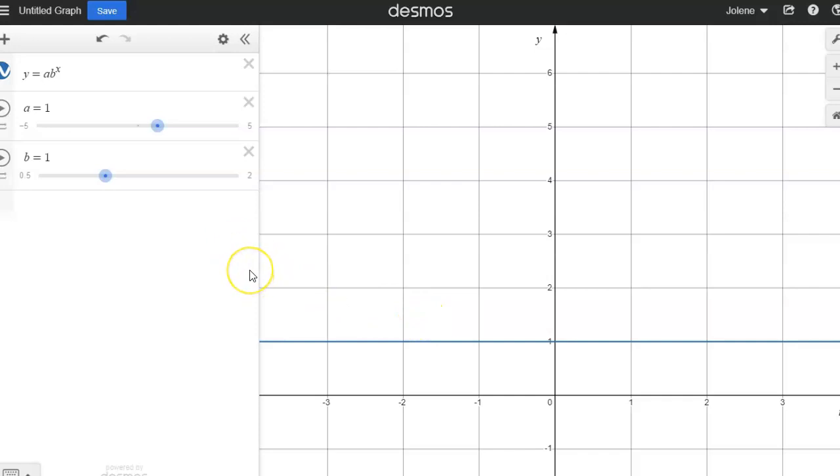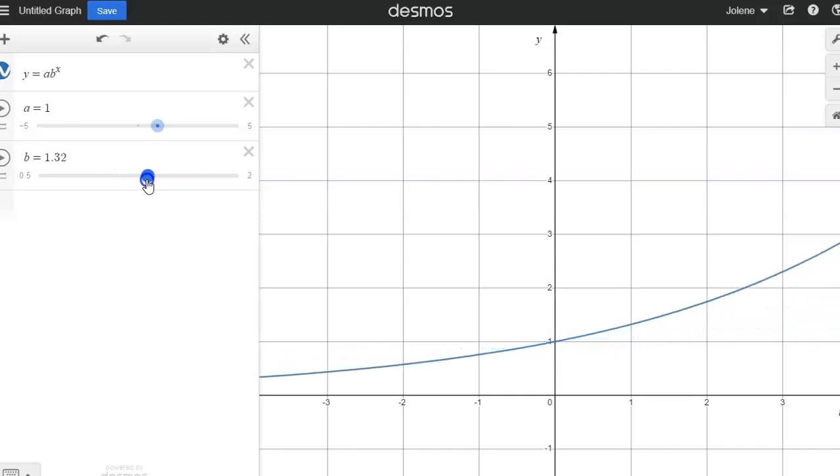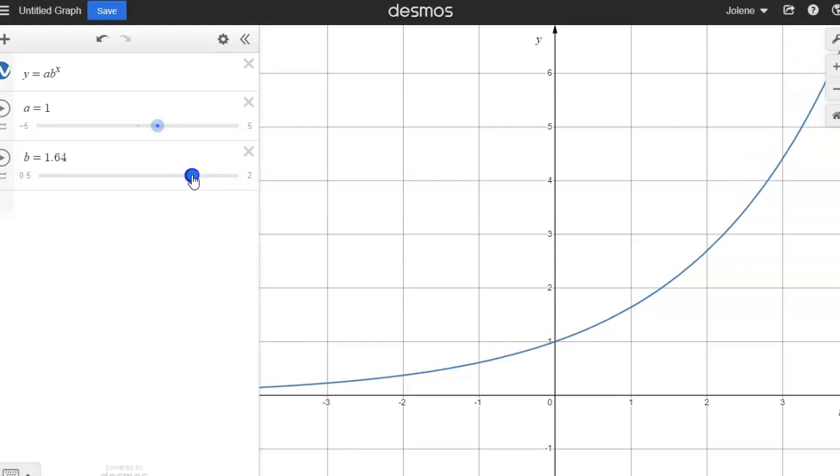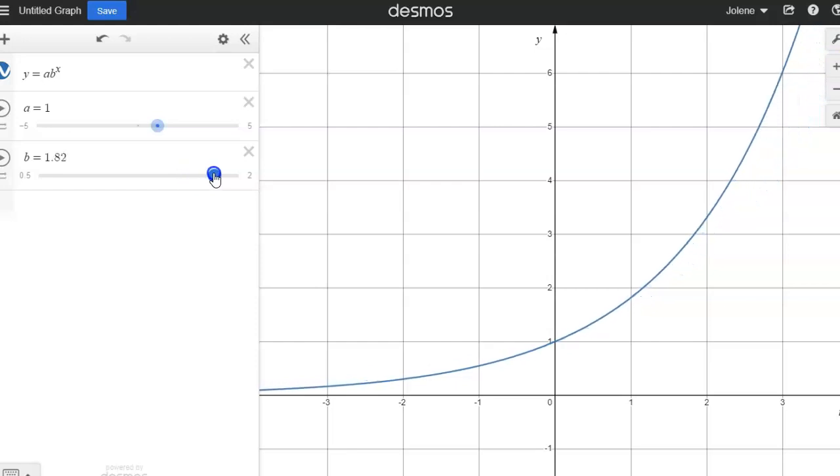So in the first example, we looked at b, and so you can look at the effect of the growth factor. And so if I increase b, you can see that it starts growing, right? You can see how b affects the parameter. So these are b values greater than 1, so you get exponential growth.